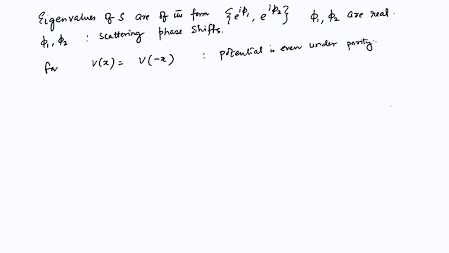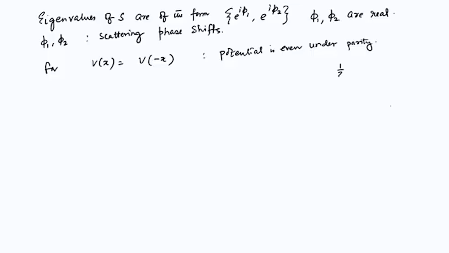It means that if you change x to minus x, V of x doesn't change, and you have seen this kind of potential for a harmonic oscillator, which is half m omega square x square, or half k x square. Now if you change the sign of x, because x square doesn't change sign, V of x will be equal to V of minus x.